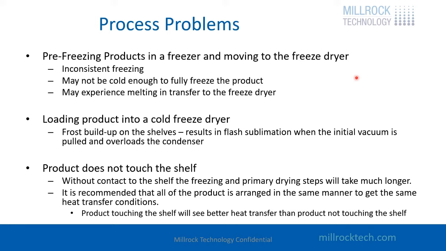Instead of having what the system's designed for, maybe 1 liter per hour of condensate, you might be pushing off 5 liters per hour, and it could overload the condenser. It's critical to understand that could be a problem, so we try to stay away from loading on a very cold shelf. Maximum low temperature might be 0 degrees on a shelf, just to minimize the amount of frost that is created.